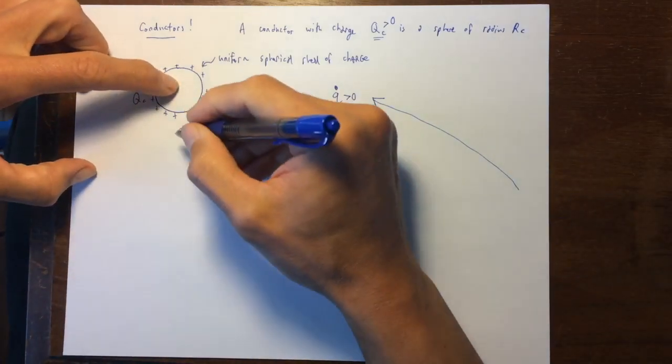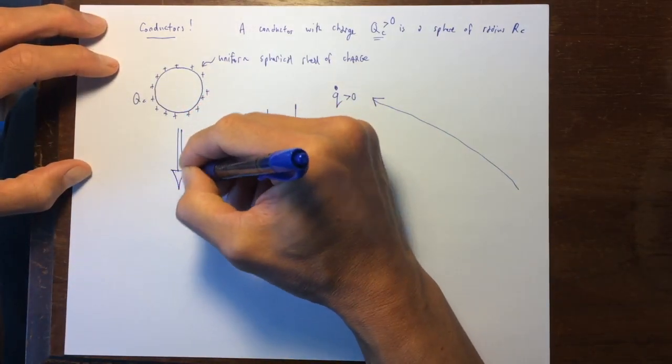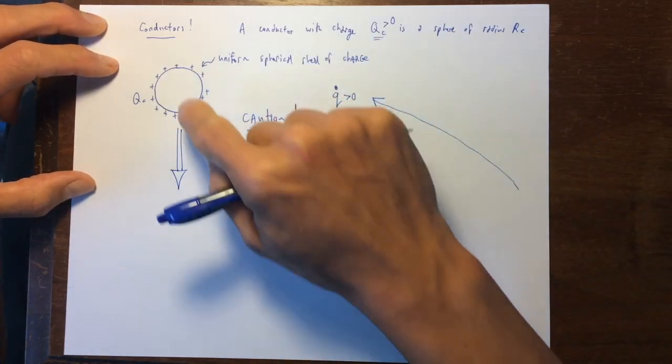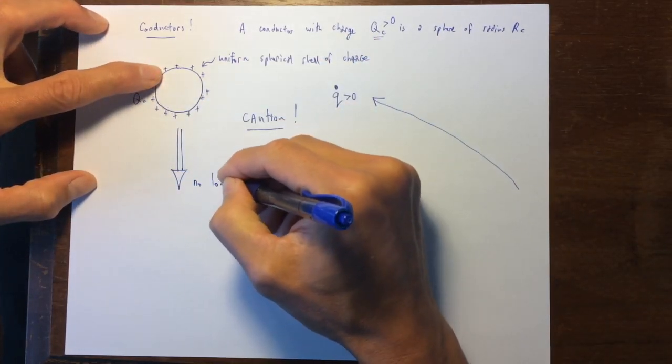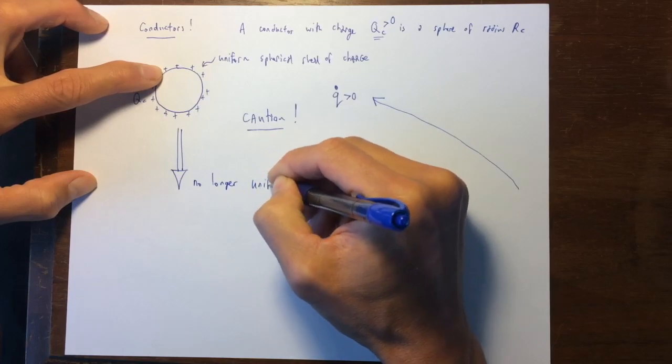And so what's going to happen is that because of the presence of this, the distribution is no longer uniform.